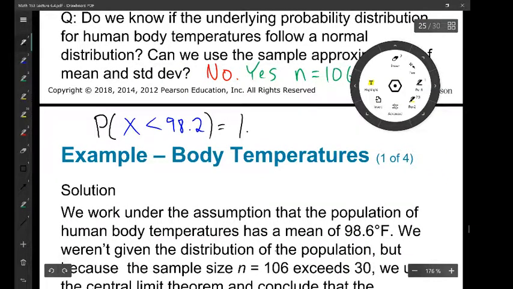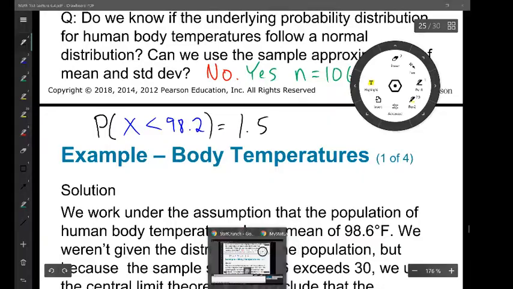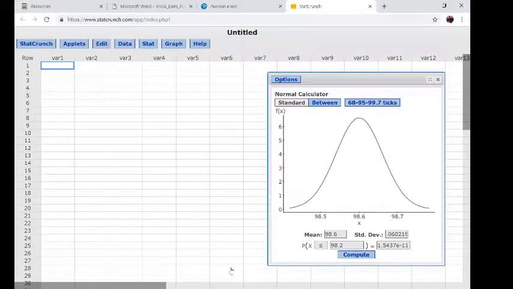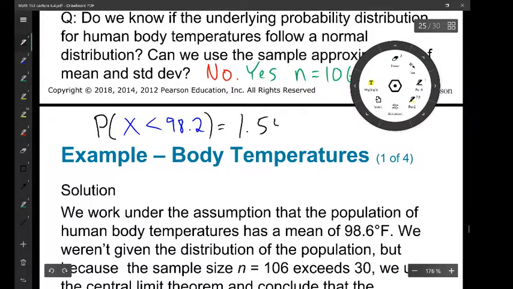I'll just write that down. 1.543 times 10 to the negative 11th.